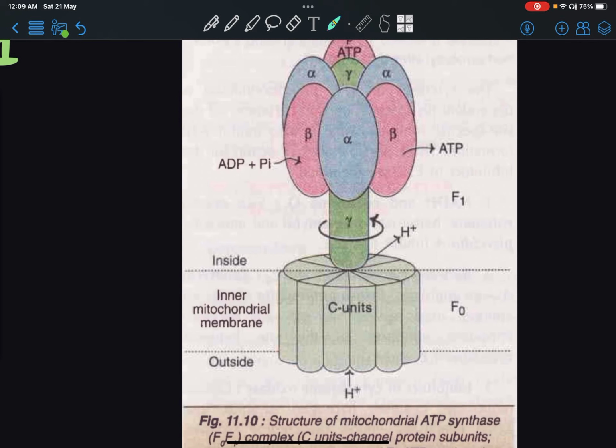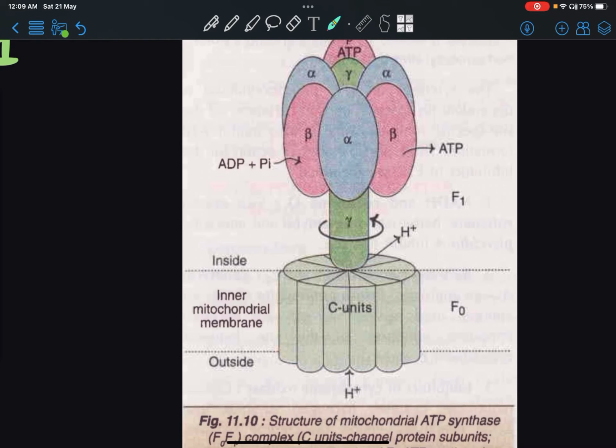formation of ATP. But going into the detail, the breakdown of the gradient provides energy that causes a conformational change. That means these units rotate. That causes the gamma unit to rotate, which causes the production of ATP from ADP and inorganic phosphate. So that is what ATP synthase does.